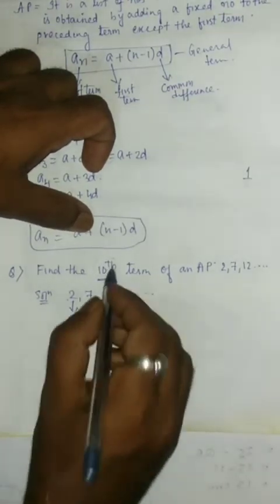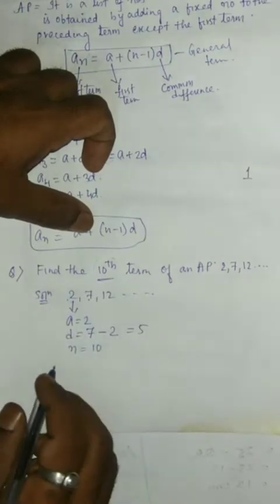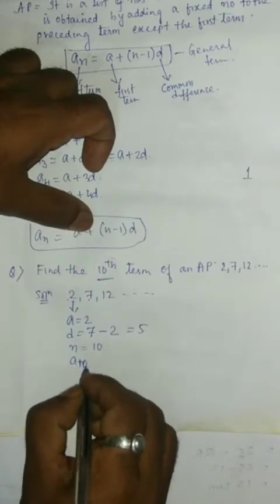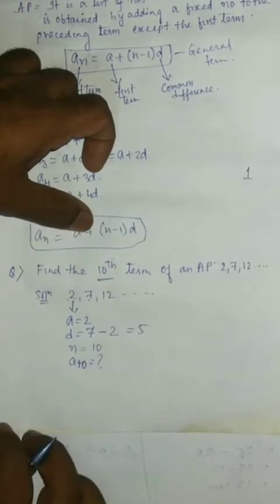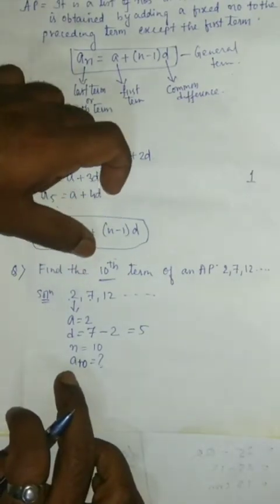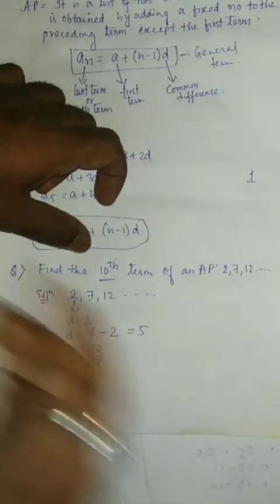We have to find the 10th term, so our n value is 10, and we have to find a10, the term in the 10th position.